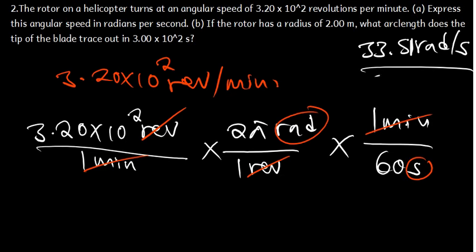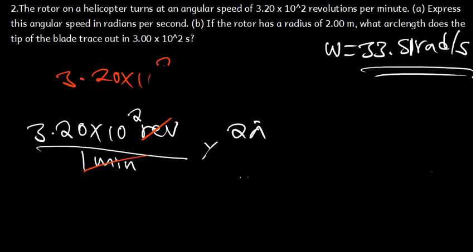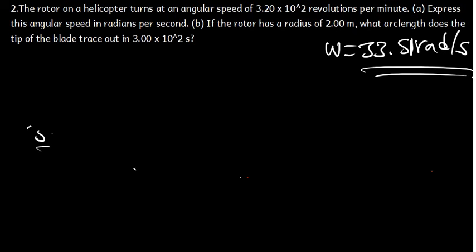Okay, so that is my angular velocity. Remember, angular velocity is represented by the symbol omega. Then the angular acceleration is represented by the symbol alpha.